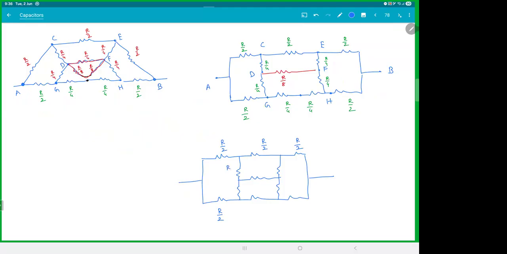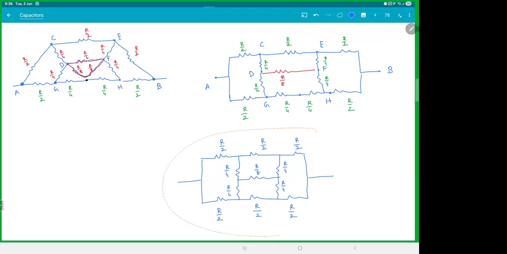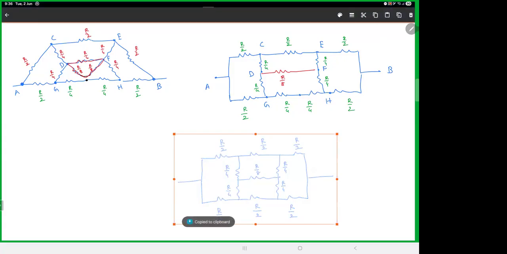So this was R by 4, this was R by 4, this was R by 8, this was R by 4. This is again R by 2 and R by 2. ठीक है, all got the circuit? इतना तक clear है? This is right on. So let's see this in the next page.